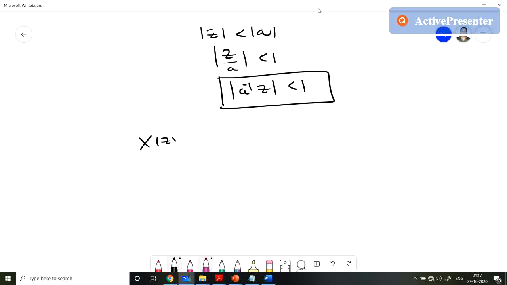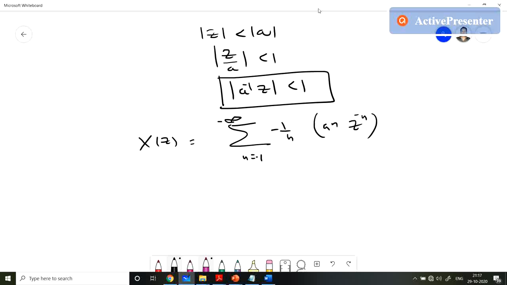So X(z) can be written as summation n equals minus 1 to n equals minus infinity of minus 1 divided by n, a raised to the power n, z raised to the power minus n.